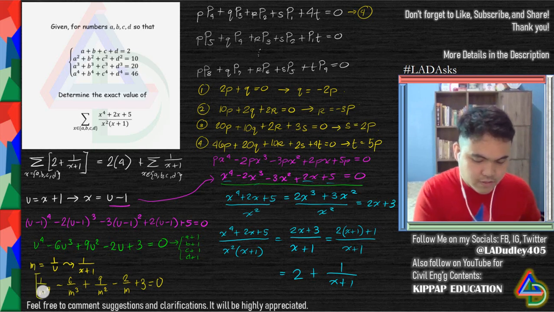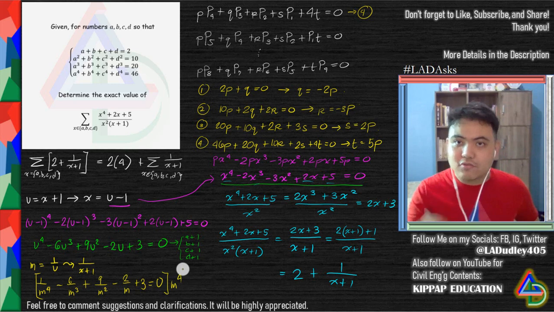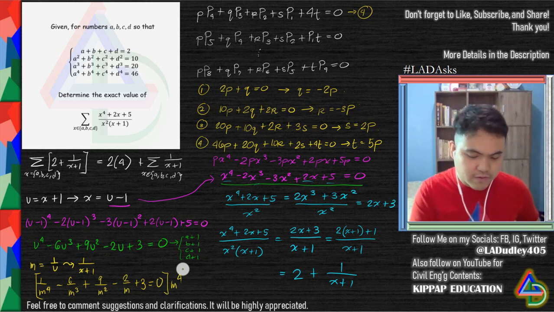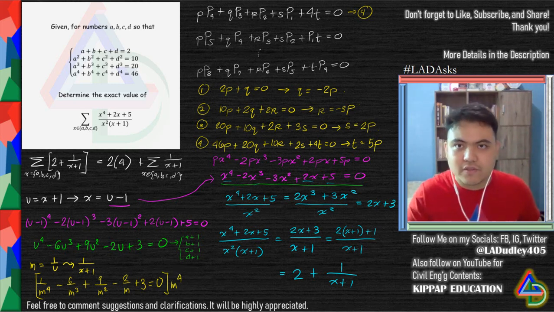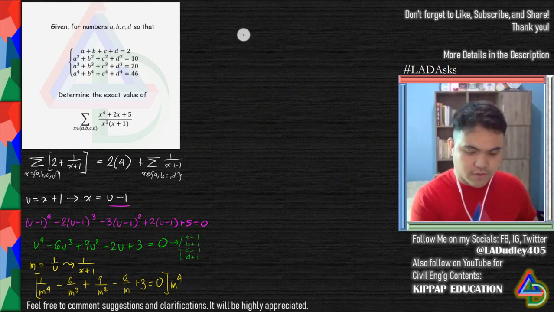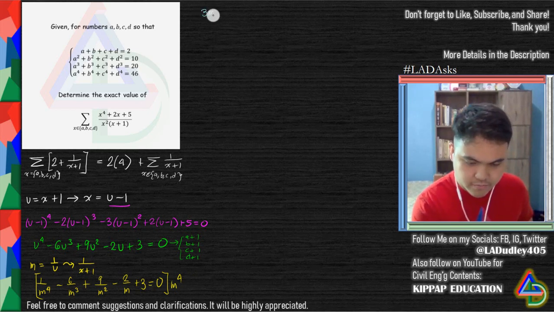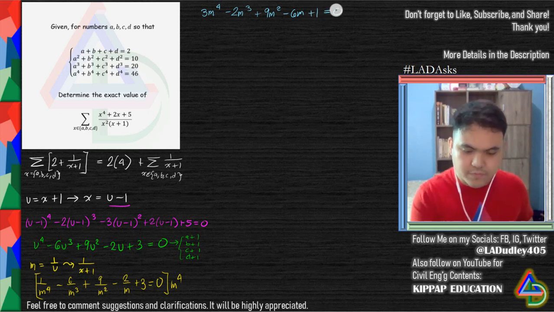We can multiply both sides by m to the fourth in order for us to yield another polynomial equation that is in the fourth degree. So, multiplying m to the fourth, we end up with this polynomial equation. We have 3m to the fourth minus 2m cubed plus 9m squared minus 6m plus 1 is equal to 0.